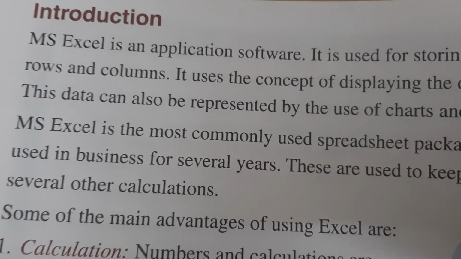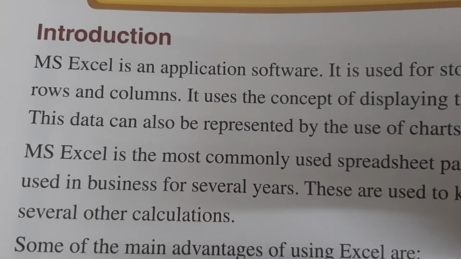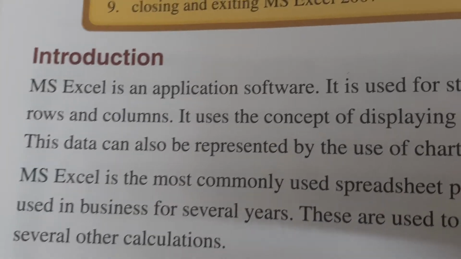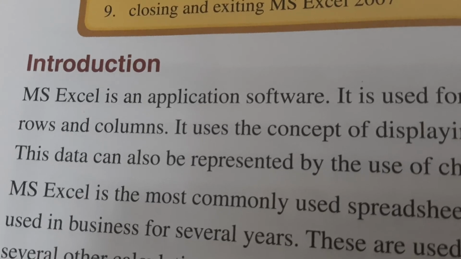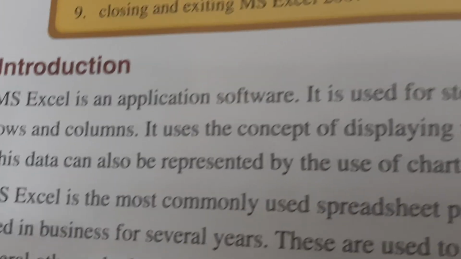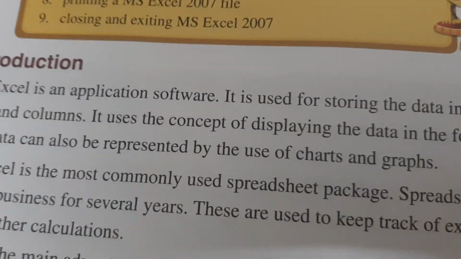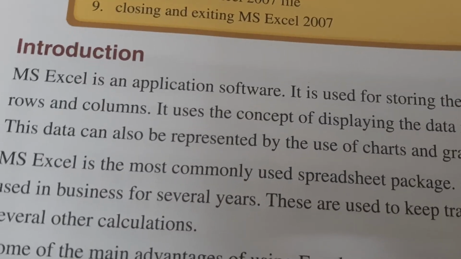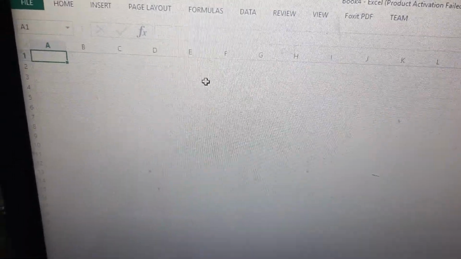Chapter number 6, class 5, page number 84, Introduction. MS Excel is an application software. We have learned about MS Excel in chapter number 2. It is used for storing the data in the form of rows and columns. MS Excel looks like this.